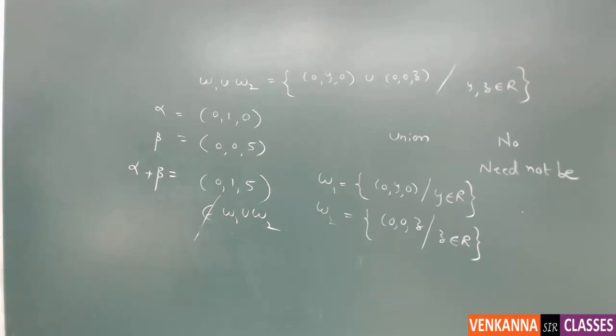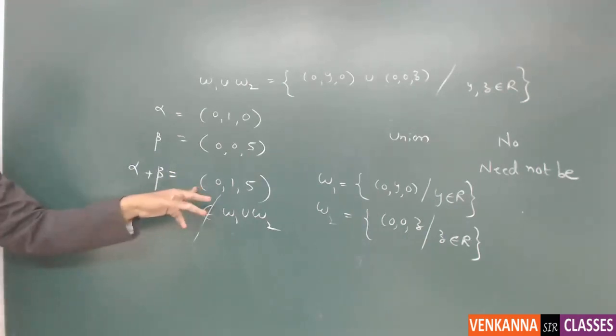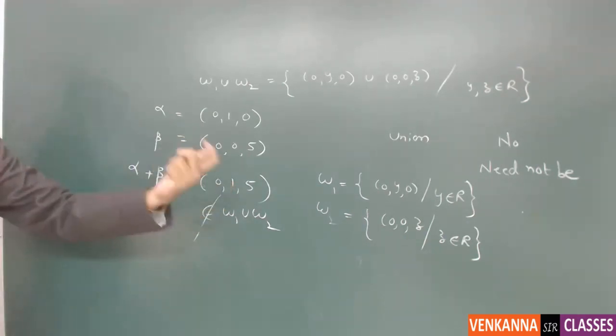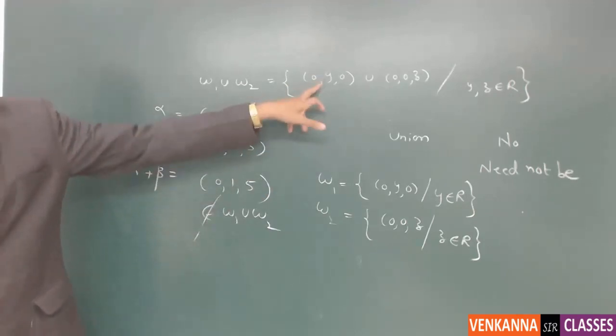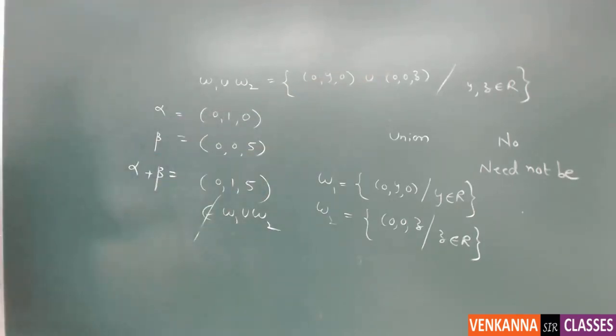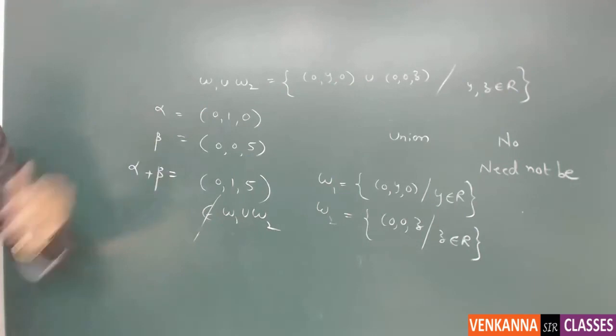So what happened here? Alpha belongs to the union, we confirm that. Beta belongs to the union, we confirm that. But alpha plus beta does not belong to the union, because the result is neither of the forms, neither form 1 nor form 2. You cannot confirm that the vector belongs to that set.